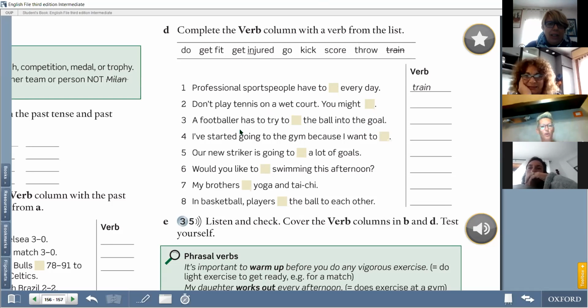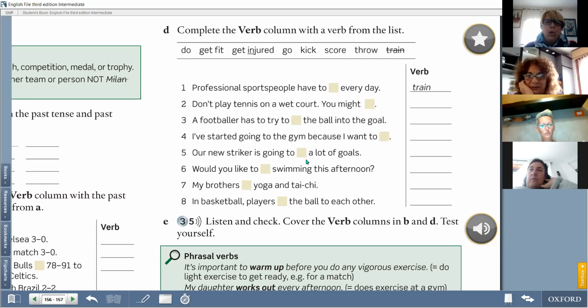A footballer has to try to kick the ball into the goal. Kick, yes, exactly. Kick with a foot. I have started going to the gym because I want to get fit. To get fit, yes. Our new striker is going to score a lot of goals.